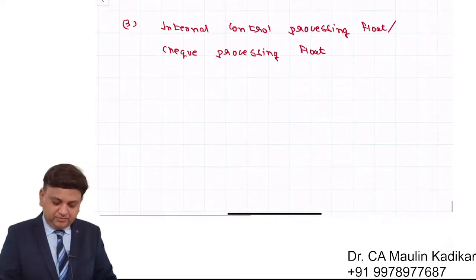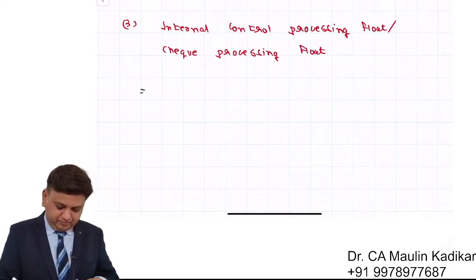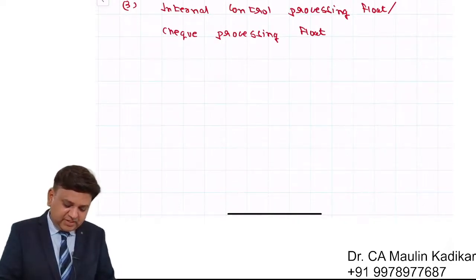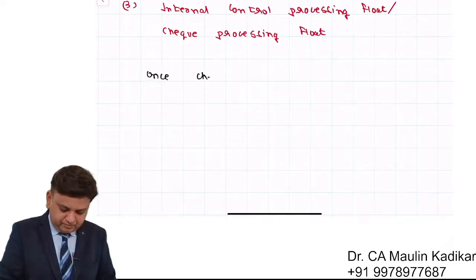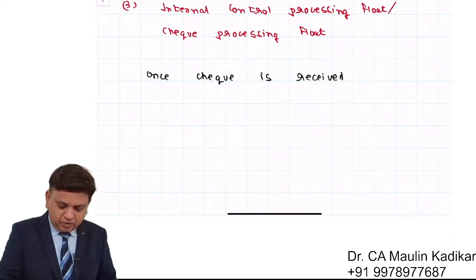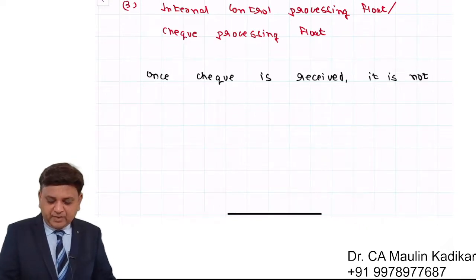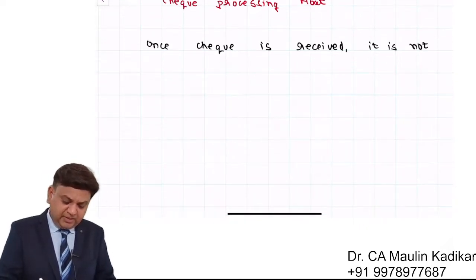In that write down, once check is received, comma, it is not deposited immediately.